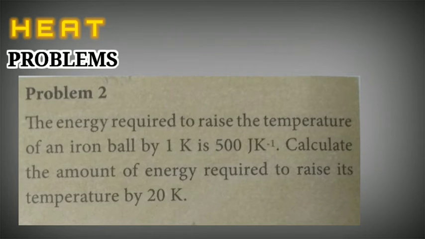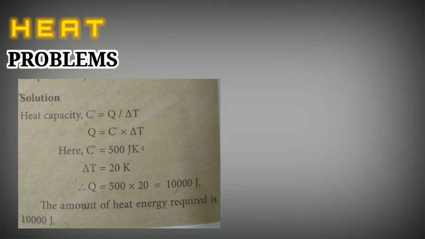Second, the energy required to raise the temperature of an iron ball by 1 Kelvin is 500 joule per Kelvin. Calculate the amount of heat energy required to raise its temperature by 20 Kelvin. Here we know the formula heat capacity C dash is equal to Q by delta T. From this equation, amount of heat energy Q is equal to C dash into delta T. Here C dash is equal to 500 joule per Kelvin.